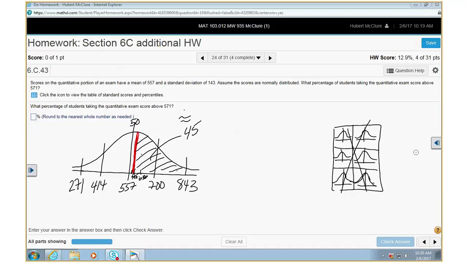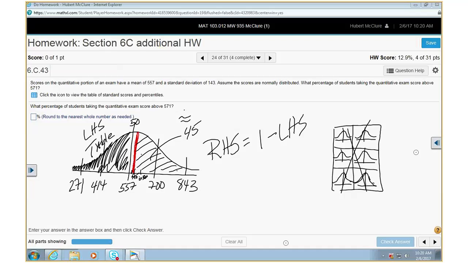So we got to find this side because the chart will only give us the left-hand side. The table will only give us the left-hand side. So if you want to find the right-hand side, that's going to be equal to 1 minus the left-hand side. So we got to find that number. The first thing we got to do is find the z-score.